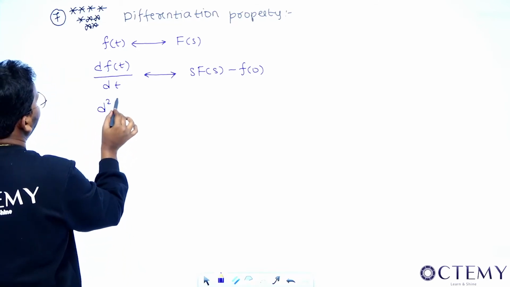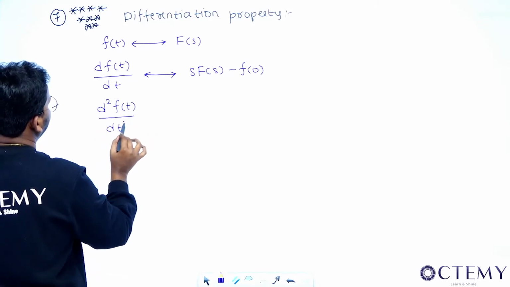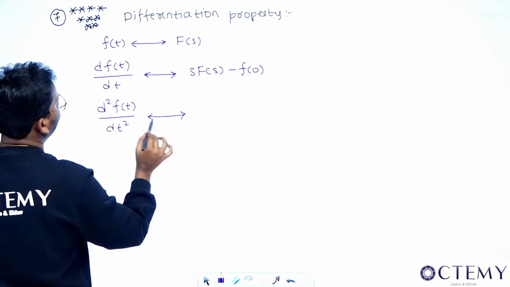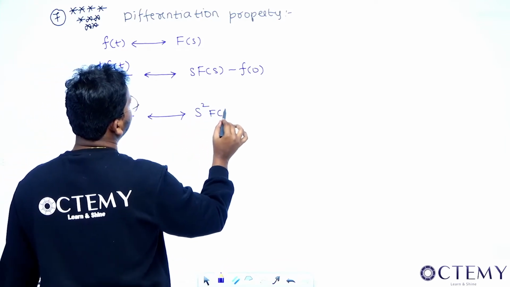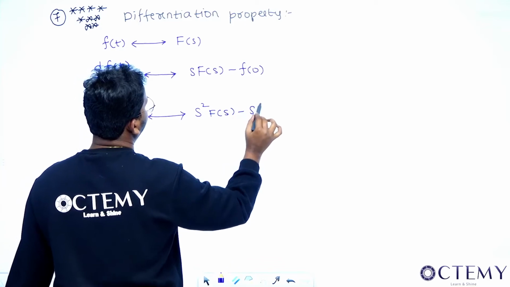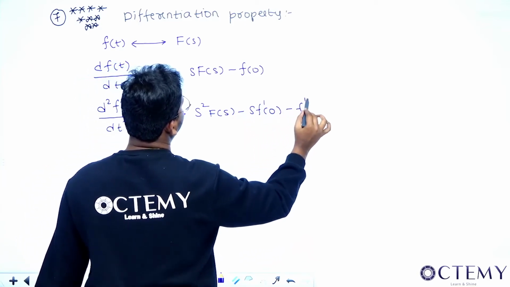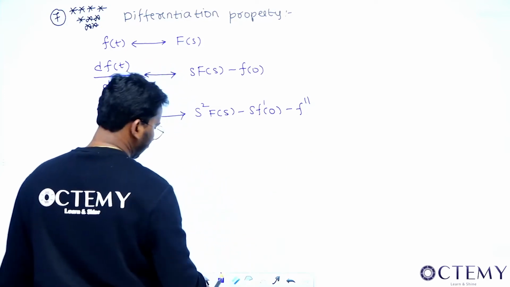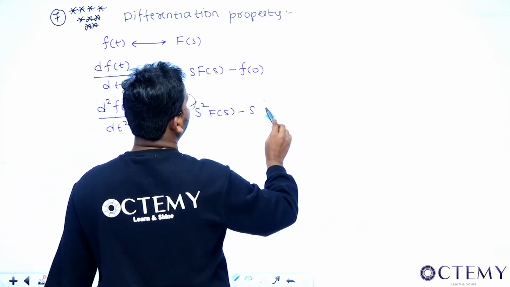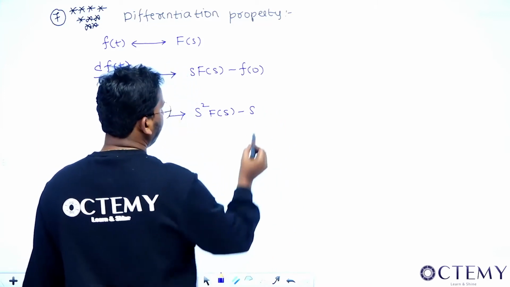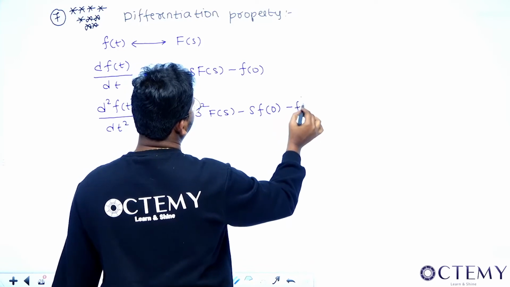Then you have d square f(t) by dt square. That will be equal to what, sir? That will be equal to s square F(s) minus s f(0) minus f dash 0.